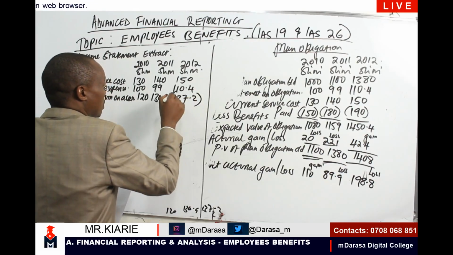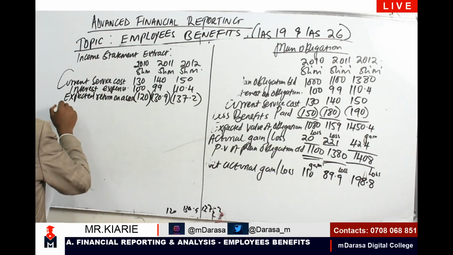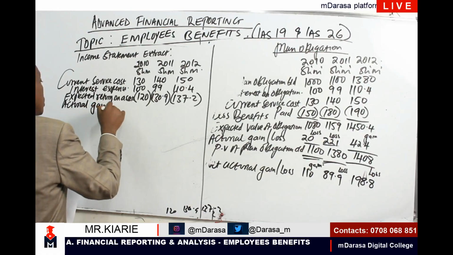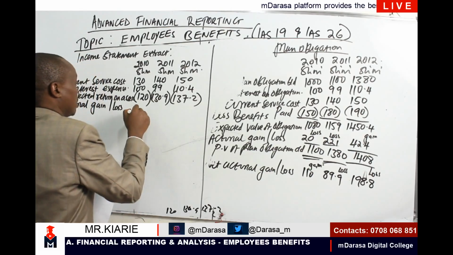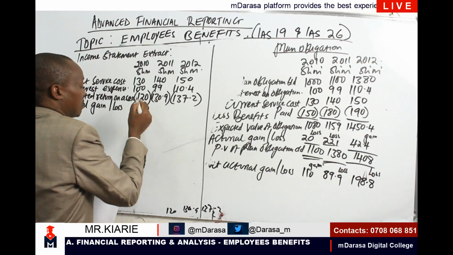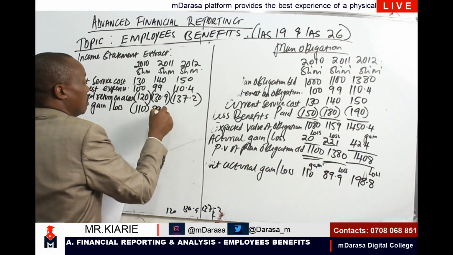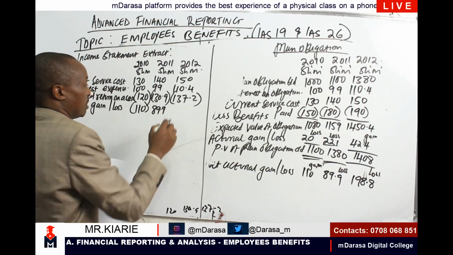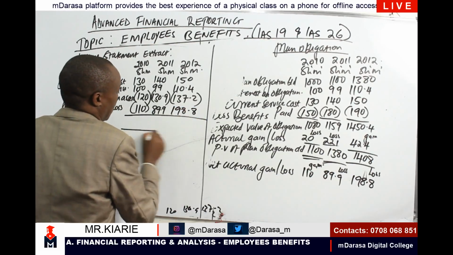These ones will be subtracted, and then actuarial gain stroke loss. In 2010, we had a gain of 110, which should be subtracted. In 2011, 89.9, which is a loss to be added, and 2012, 188.8, which is a loss, should be added.